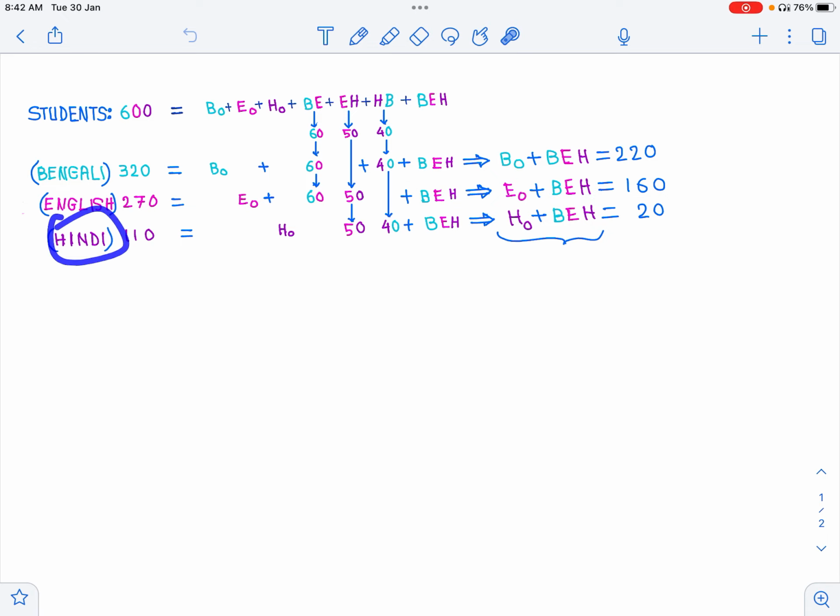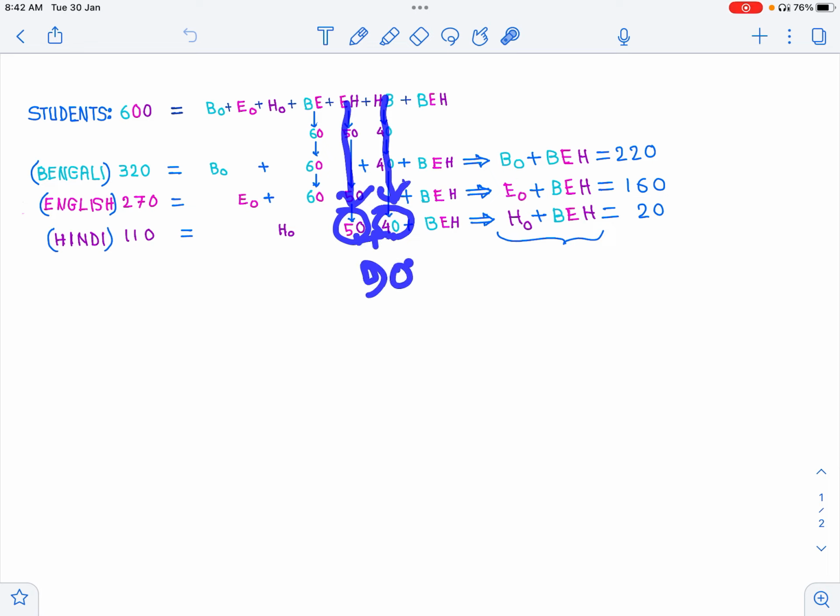In the same way, from 110, the total number of students who learn Hindi, we subtract Hindi and English and then Hindi and Bengali. This 50 is English and Hindi, and this 40 is Hindi and Bengali. So 50 plus 40 is 90.